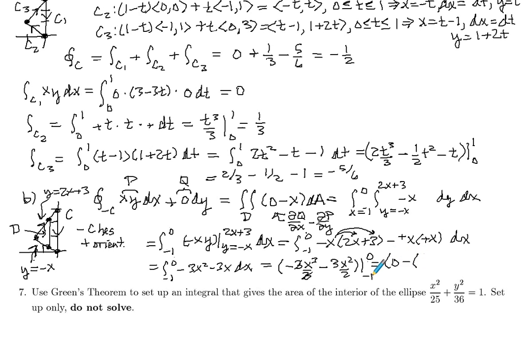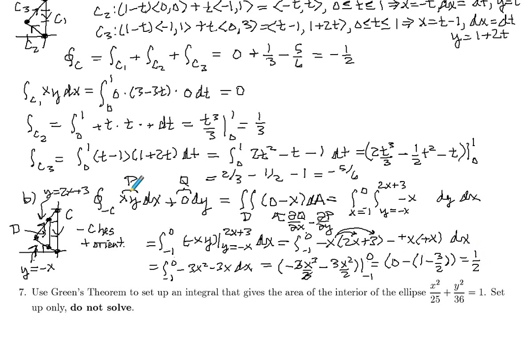And if I plug negative 1 in here, negative 1 cubed is negative 1, another negative is positive 1, minus negative 1 squared is 1 times 3 halves, so 1 minus 3 halves. There we go. 1 minus 3 halves is negative 1 half, a negative of that is positive 1 half.